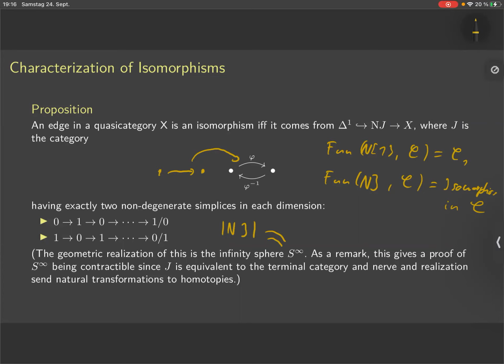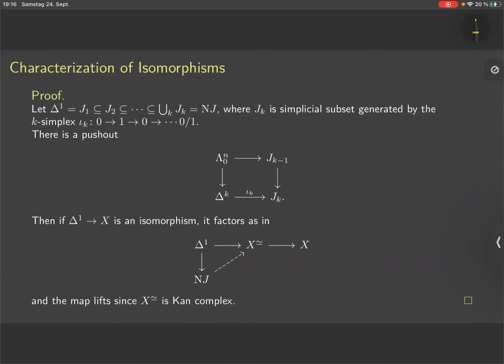We don't need this last point here in brackets for the theorem which we want to prove, namely the characterization of the isomorphisms. Yeah, now let's do the proof of the characterization. And this works as follows. We can take this J category.